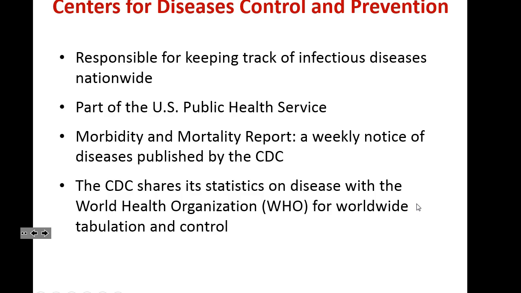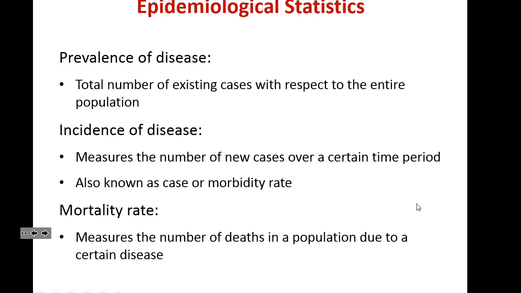The Centers for Disease Control and Prevention are responsible for keeping track of infectious diseases nationwide. They are part of the U.S. Public Health Service. Morbidity and mortality report. Just got through talking about it. A weekly notice of disease is published by the CDC. The CDC shares its statistics on disease with the World Health Organization for worldwide tabulation and control.